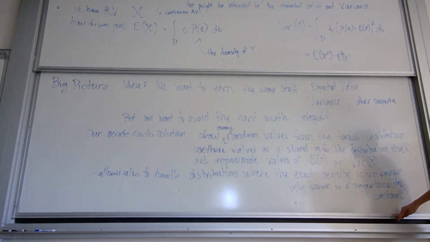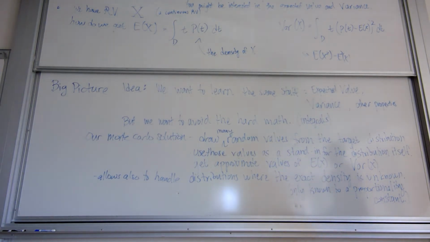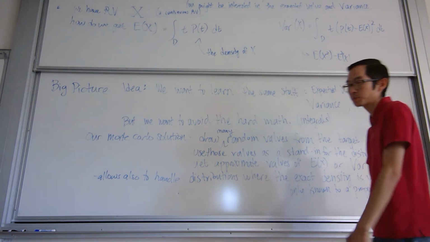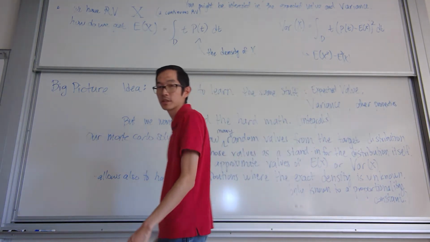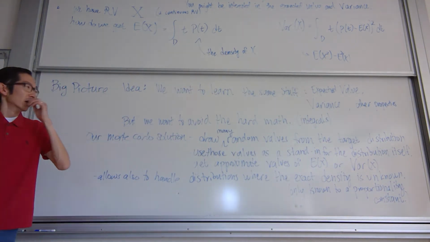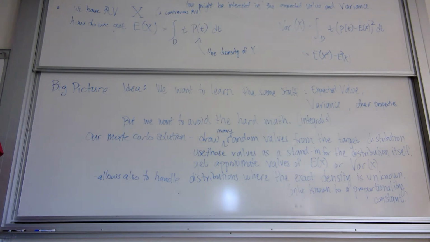We'll know the shape of the distribution, but not the actual equation. Okay, does that make sense as far as where we are headed?